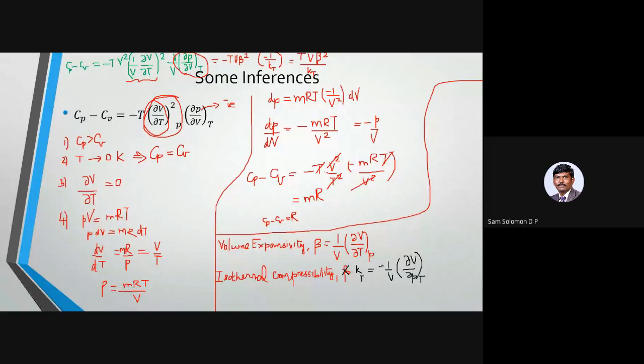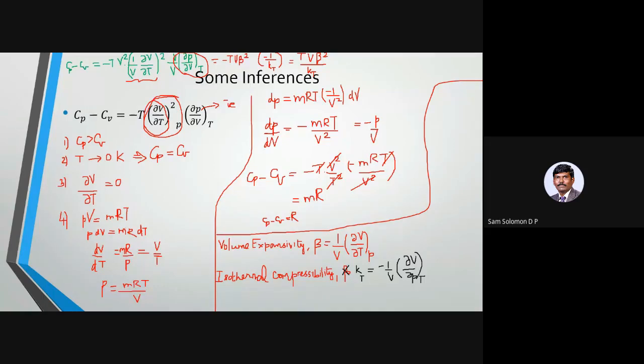For that you just need to remember the definition of volume expansivity and isothermal compressibility, beta and Kt. You can't just observe this and comprehend it. You need to write it down and make sure that you know the steps by which this particular result is obtained. Unless you practice it, it won't be easy for you.